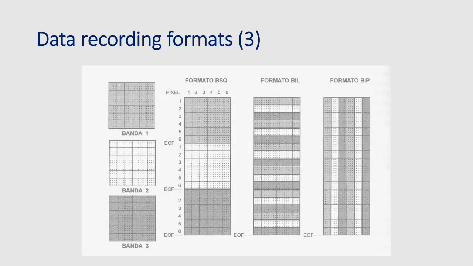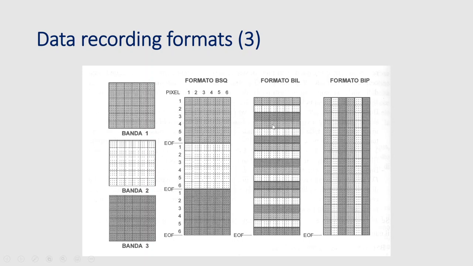So let's check the figure. You see, this is the BIL format, the band interleaved by line format. I have in the first line of the file, the first line of the first band. In the second line of the output file, I have the first line of the second band. And in the third line of the output file, I have the first line of the third band.